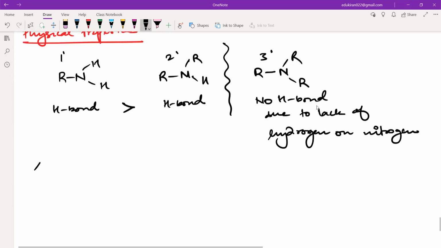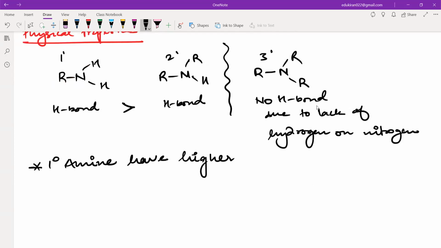And due to this reason, we can write that 1 degree amines have higher boiling points. Okay. So is this clear, yes or no? Yes. Okay.